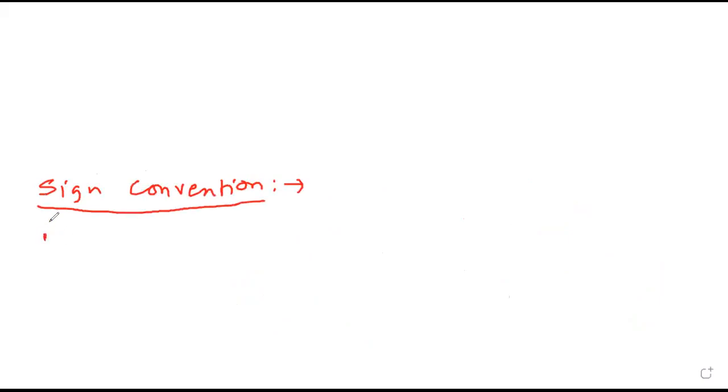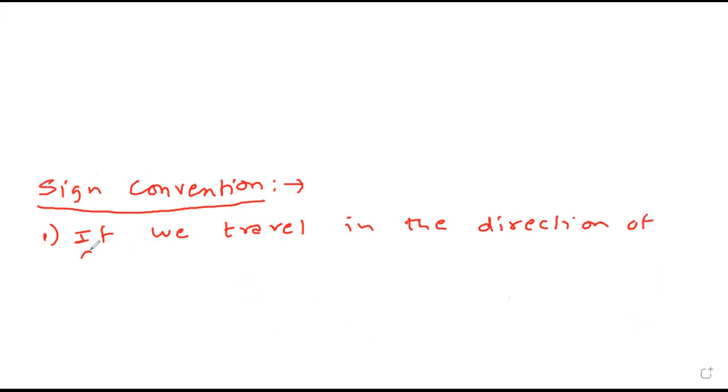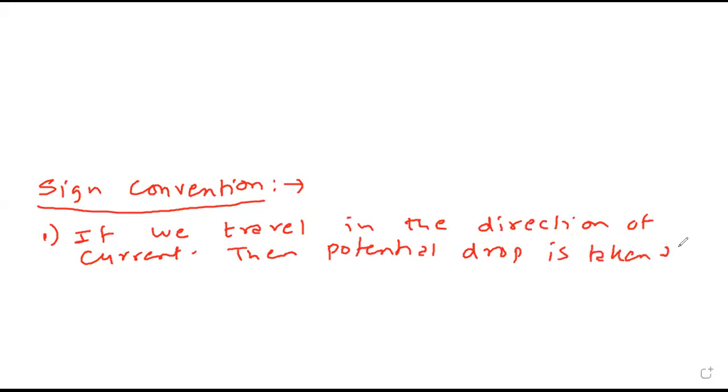First, if we travel in the direction of current, then potential drop is taken as negative.